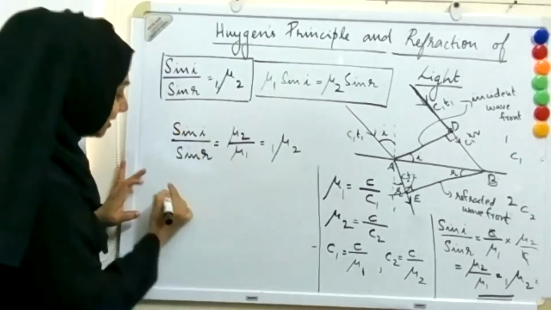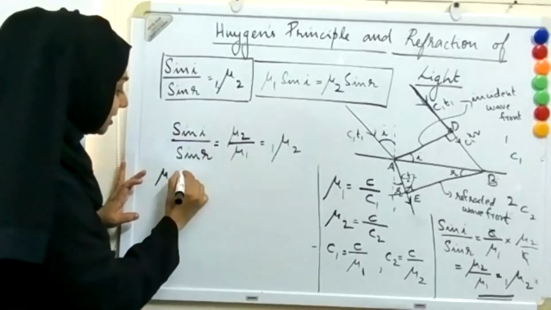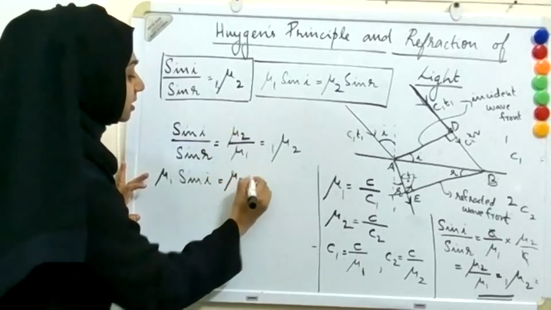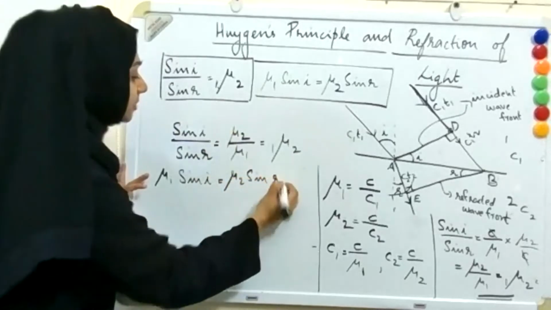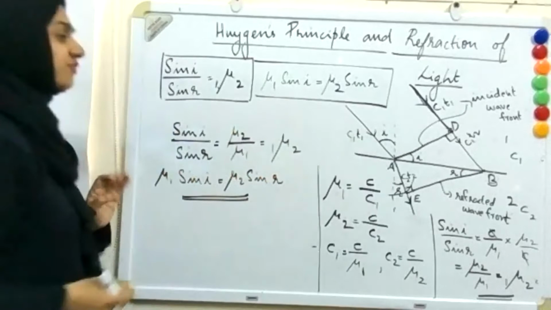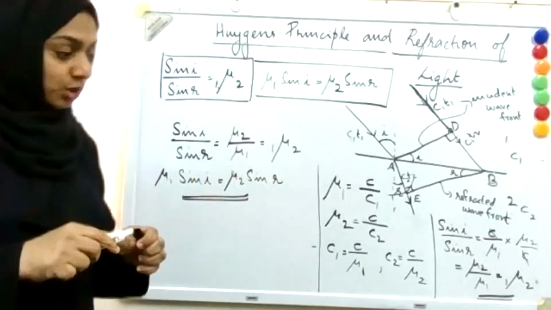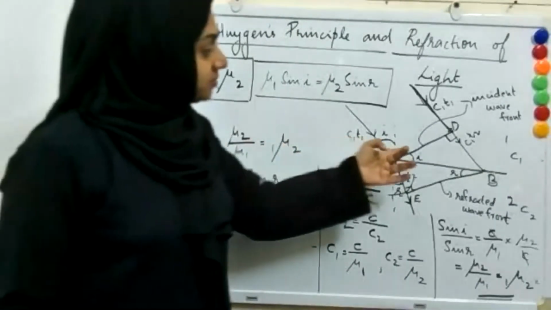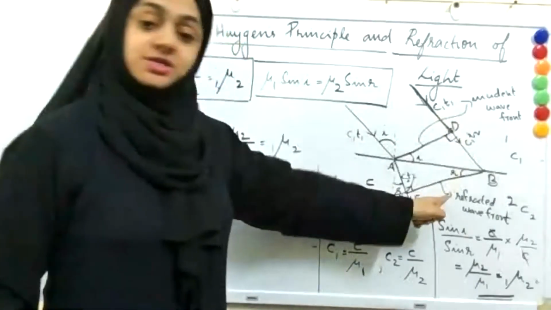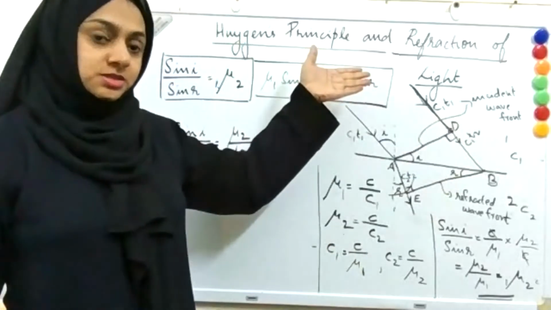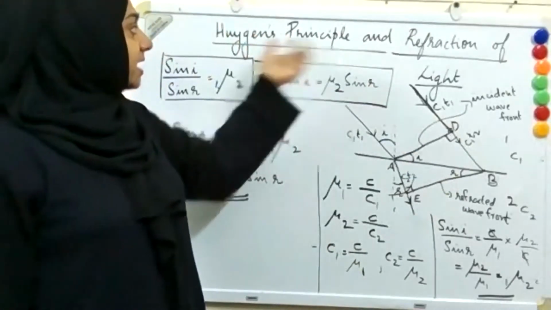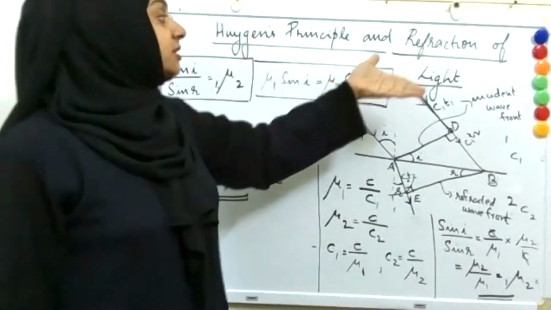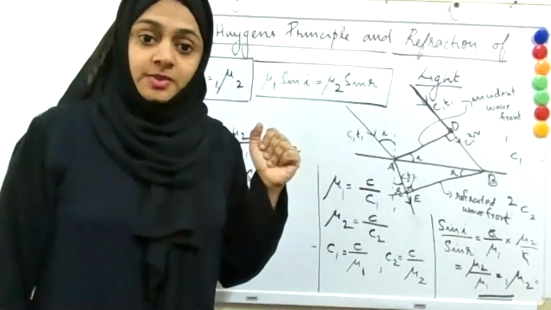So you will get mu1 sin i is equal to mu2 sin r. So this is the generalized form of Snell's equation. We got it by considering the concepts of wavefront by Christian Huygens. That is why we say that the Huygens principle can explain the refraction of light.